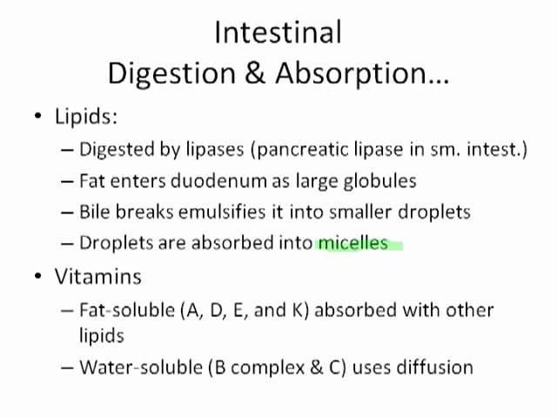And what ends up is that these are basically made up of the bile salts. The hydrophilic ends are outward. The hydrophobic ends are facing towards the fat globule itself. And it's basically carried to the absorptive cells.